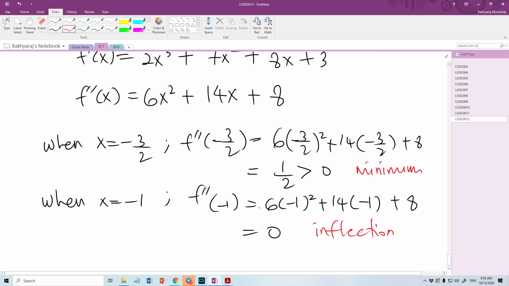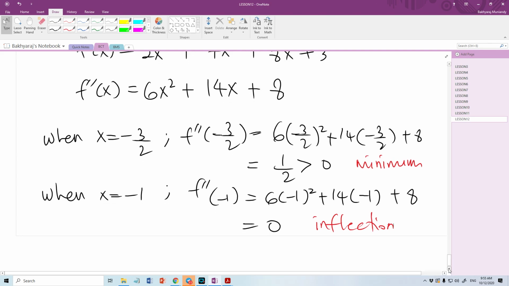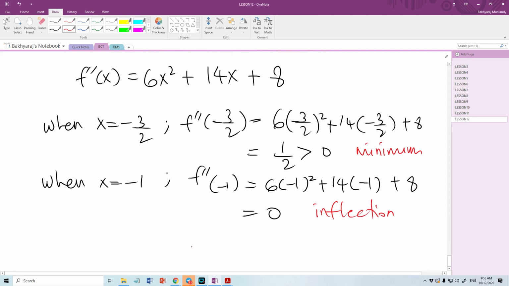Okay, when inflection, then I must give the conclusion. Mesti bagi dengan conclusion. So the conclusion is, okay, negative 3 over 2, comma. Okay, what's the answer? Anyone? I don't really remember. Negative 3 over 2, 37 over 32 is a minimum point.